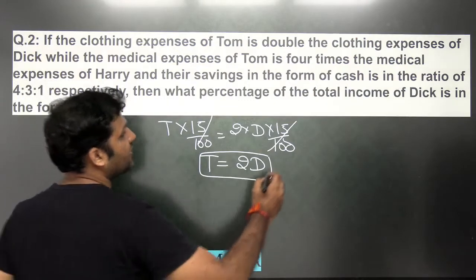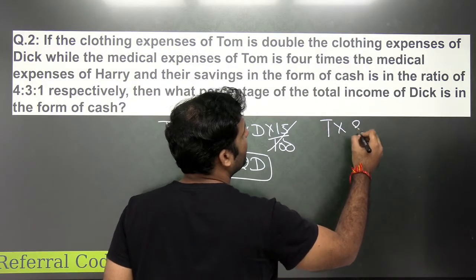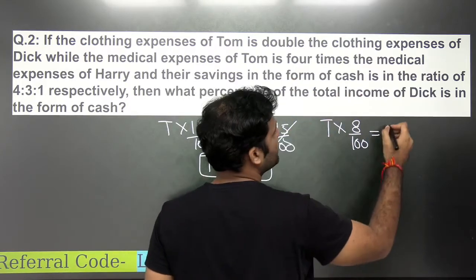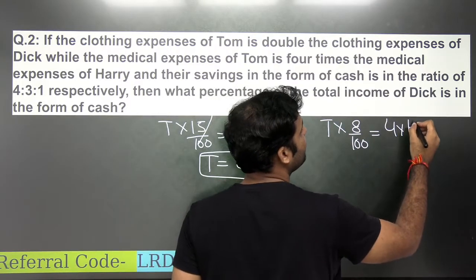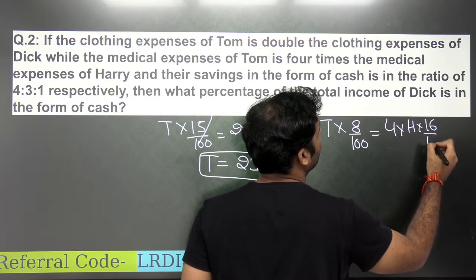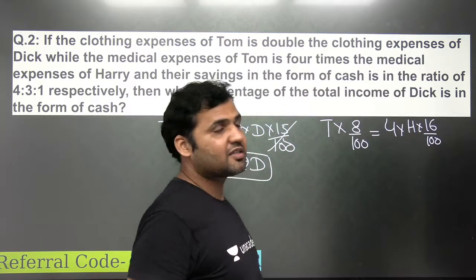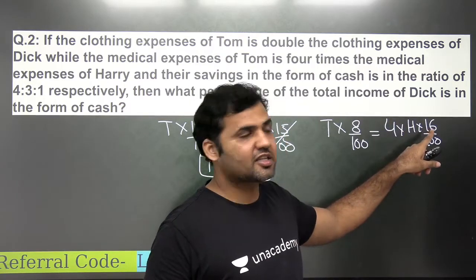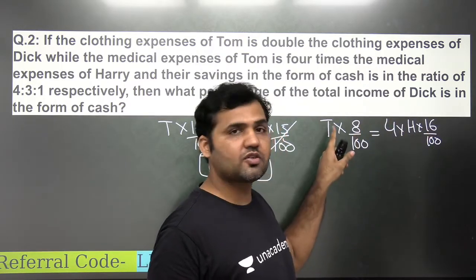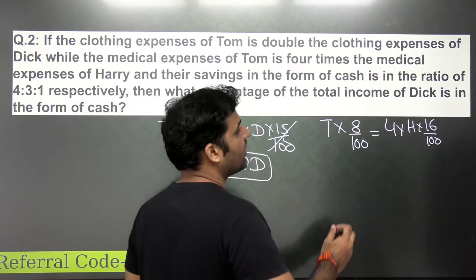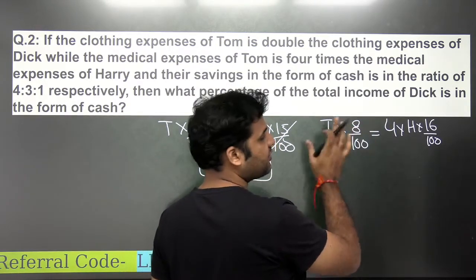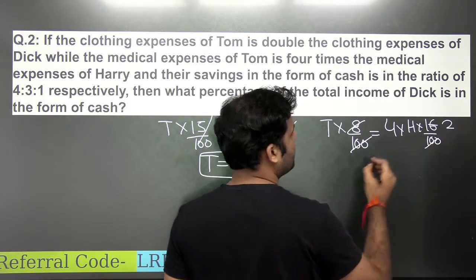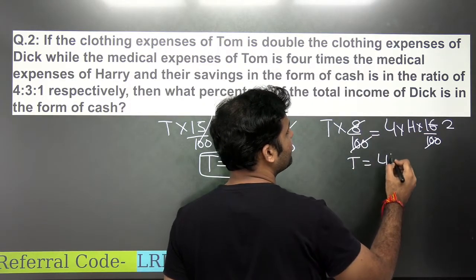So can I say that 8% of Tom's income is equal to, as per the question, 4 times of Harry's 16% income, right? Because Harry is spending 16% on medical, so 4 times of Harry's medical expense is equal to Tom's medical expense, which is 8% of Tom's income. So this tells you guys that Tom's income is 4 times of Harry's income.